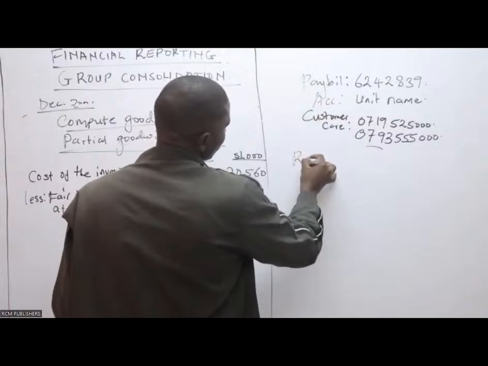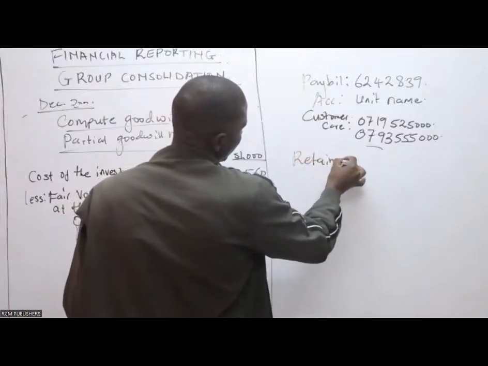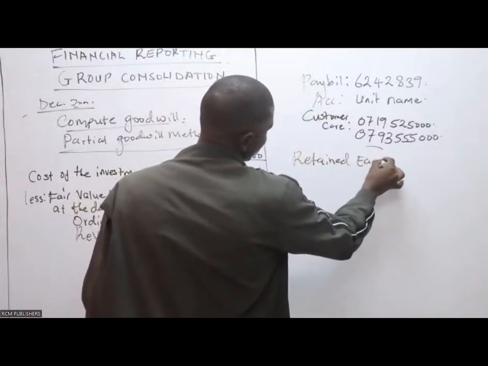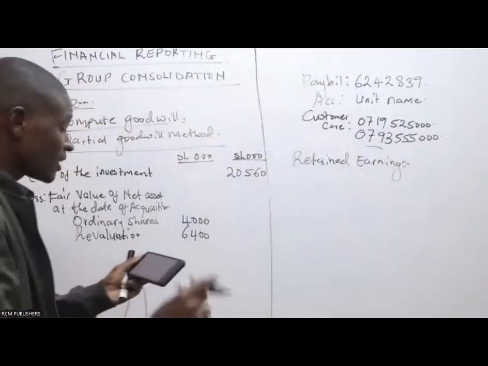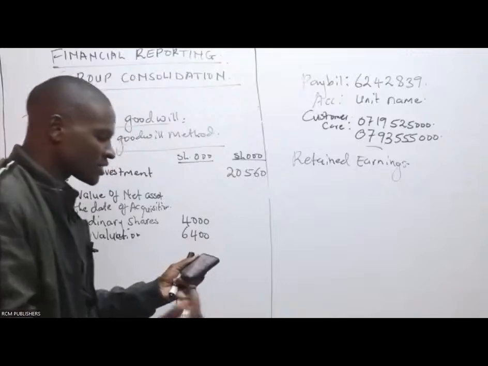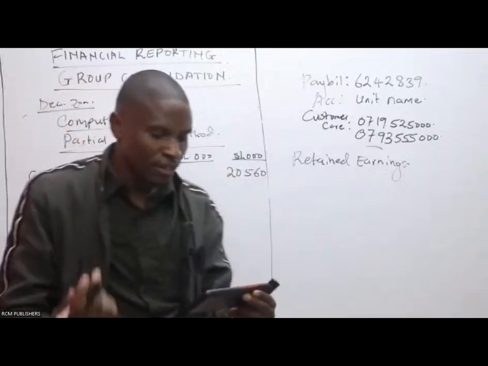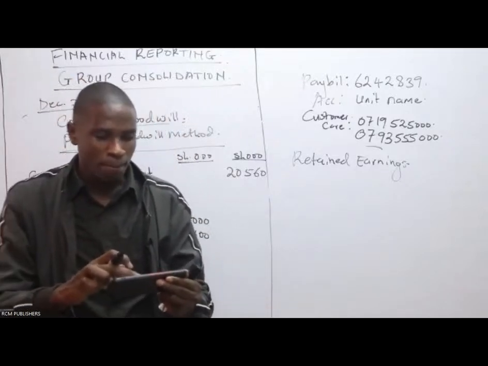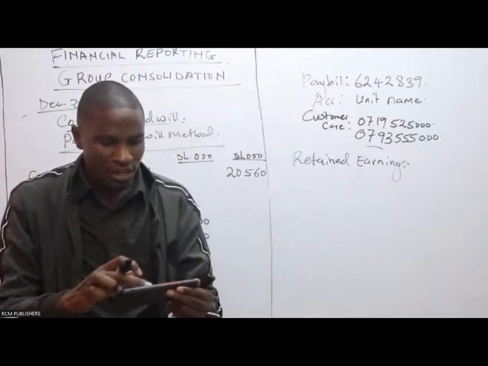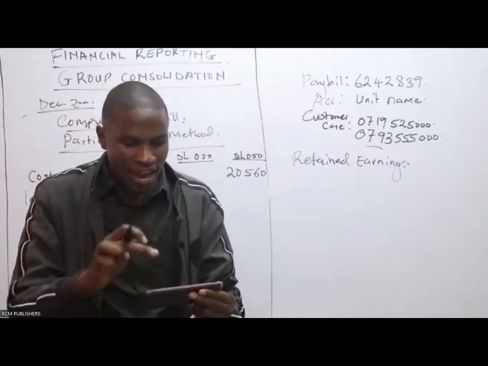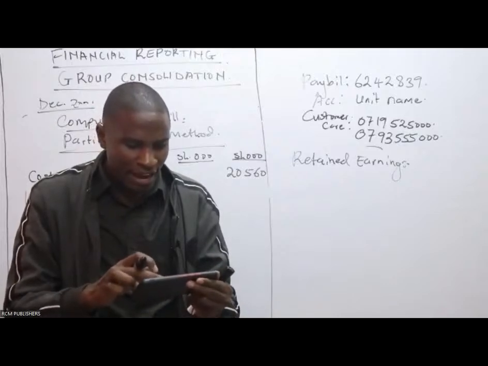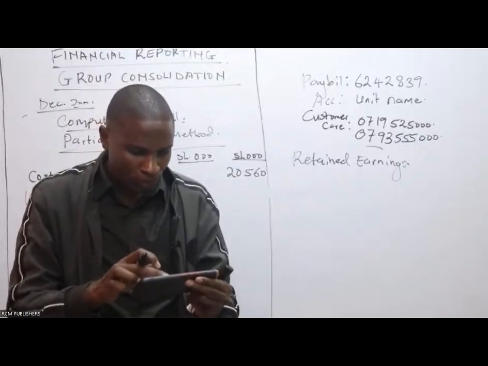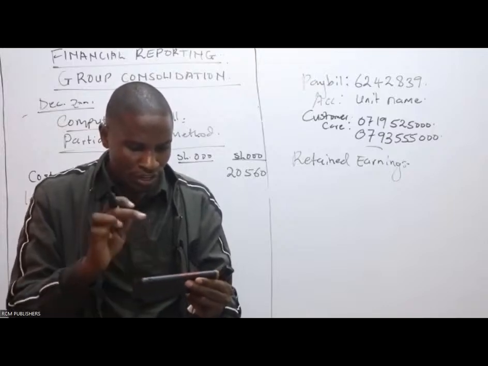Retained earnings. Tunataka kuona sasa retained earnings. So under this class, the first thing that we are appreciating is that we have retained earnings in our balance sheet. And then I can see the profit for the year in the income statement.